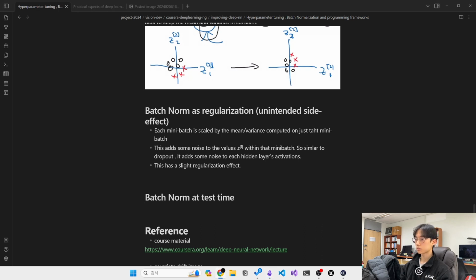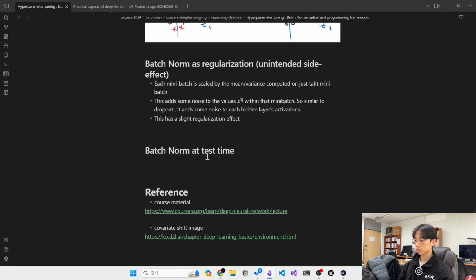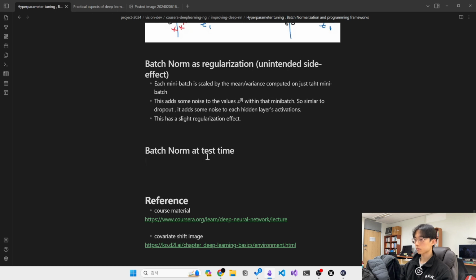Batch norm processes your data one mini batch at a time, but at test time, you might need to process the examples one at a time. Let's see how you can adapt your network to do that. Recall that during training, here are the equations you'd use to implement batch norm. Within a single mini batch, you'd sum over that mini batch of the zi values to compute the mean.